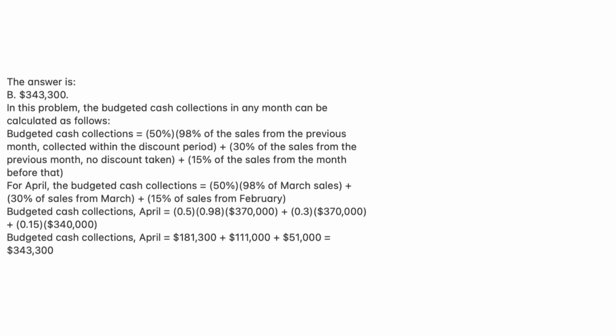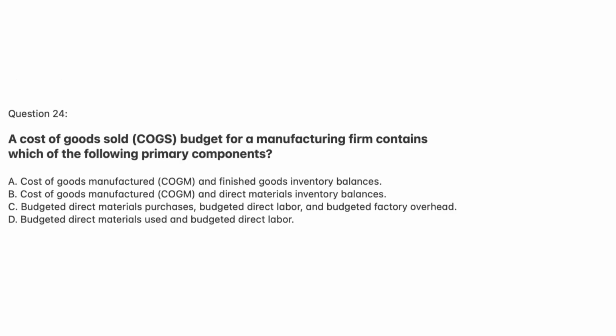Budgeted cash collections, April equals 0.5 times 0.98 times $370,000, plus 0.3 times $370,000, plus 0.15 times $340,000. Budgeted cash collections, April equals $181,300 plus $111,000 plus $51,000 equals $343,300.